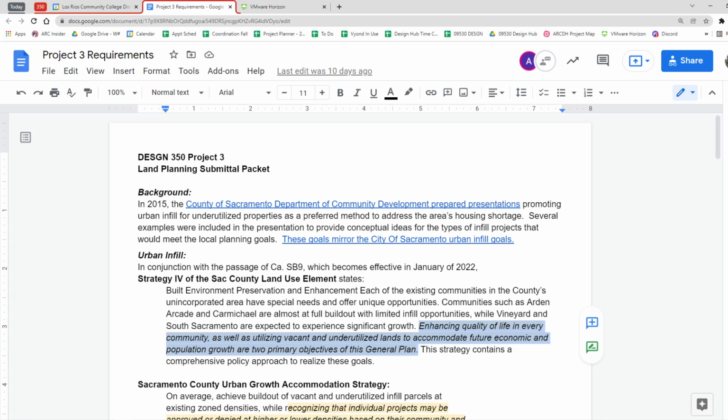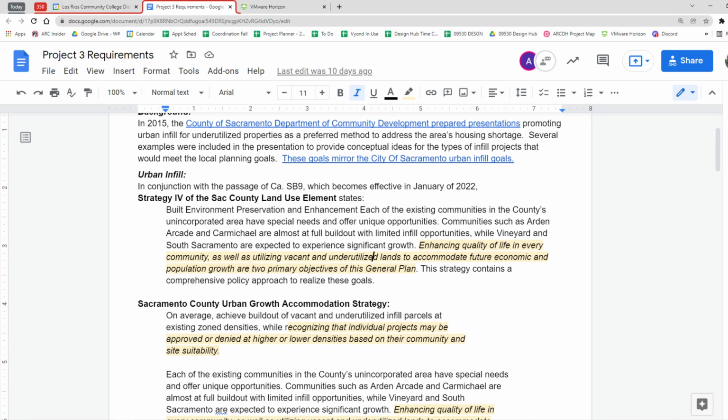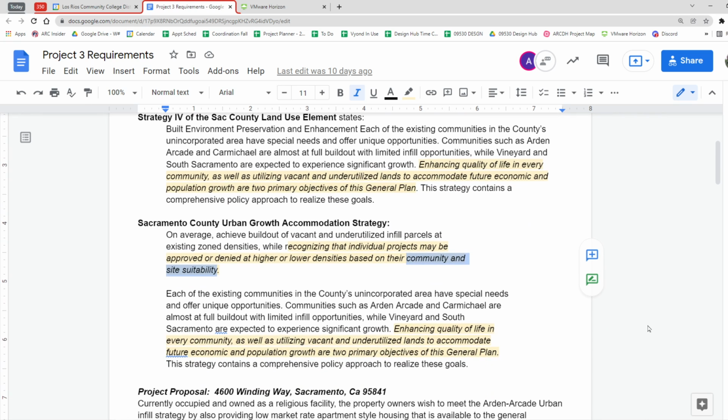So if you can, in your proposal, quote requirements that the county has given, it helps the approval process along. So we want to utilize vacant or underutilized lands. We want to have some accommodation for economic and population growth. And we're probably going to go in at a slightly higher density based on this community and site suitability. So that's what we're looking at doing here.